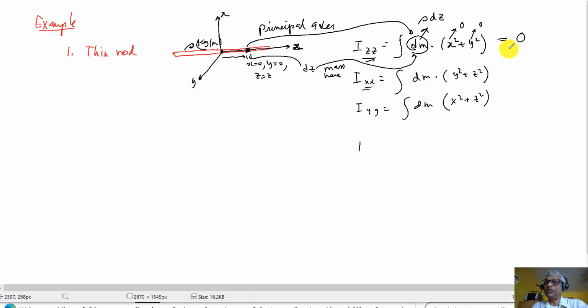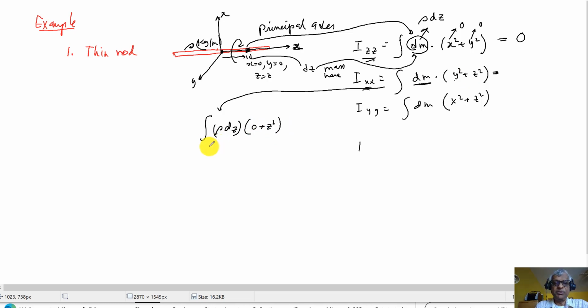And it reflects the fact that if I rotate about this, none of the masses are off axis. So how about this one? Let's do it over here, more space. Dm is going to be rho dz, and with y equal to 0, we have z squared.